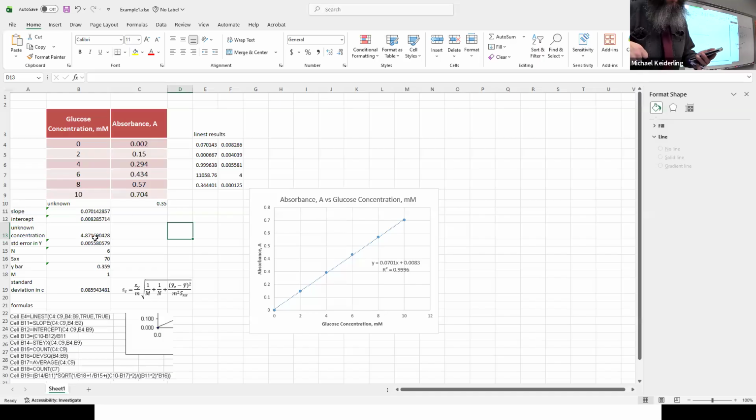Oh, I copied the slope. I'm typing it into my calculator. 0.0083 divided by 0.0701. Why is this different?